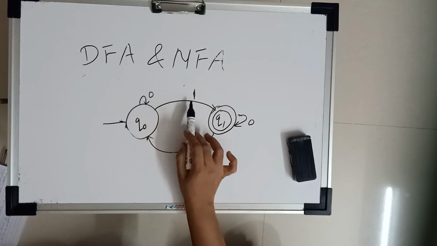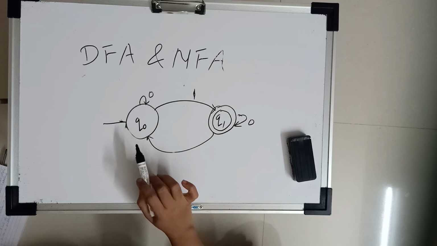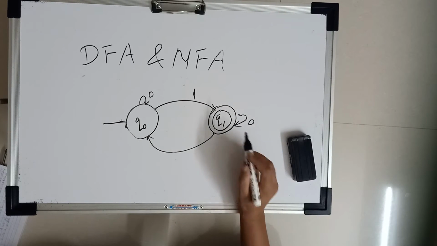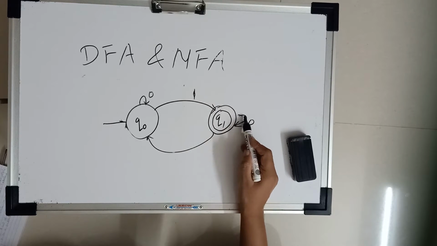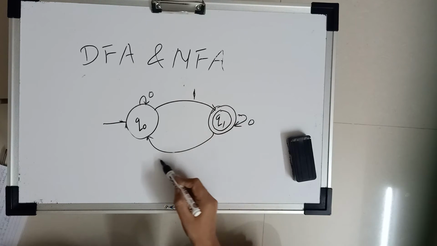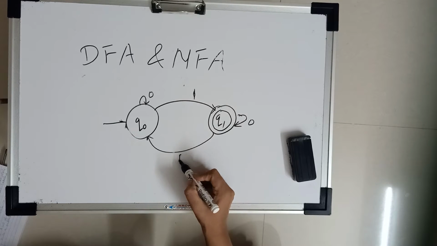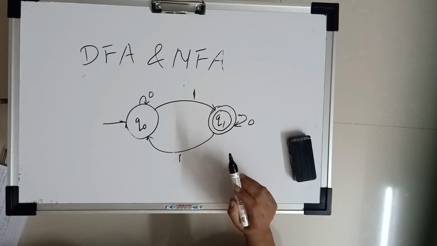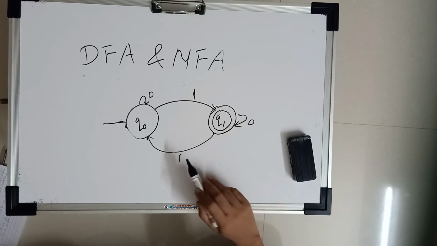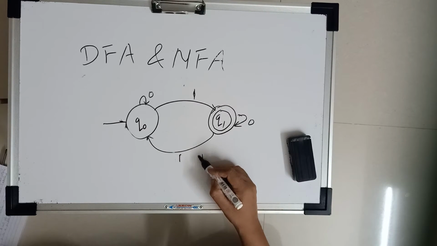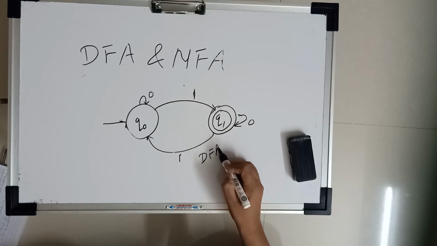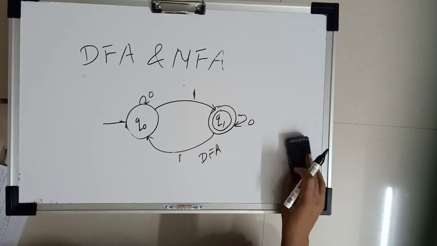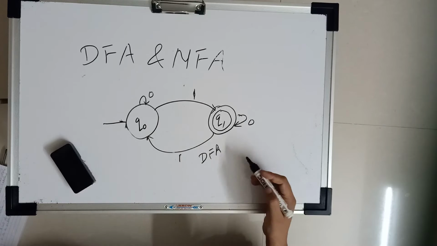So for these two input symbols there is only one next state from Q0. Same with Q1. Q1 goes to the same state for 0, it goes to Q0 for 1. Again there is only one next state for 0 and 1. It means this is DFA. On each input there must be one and only one next state, that is your DFA.